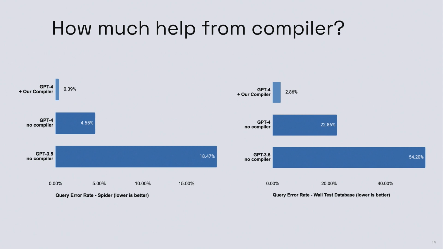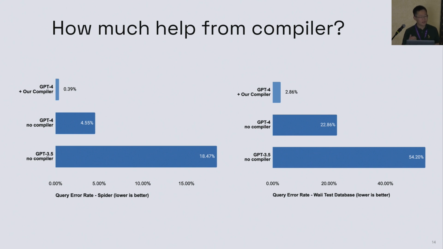So how much help can we get from the compiler? We did some tests. On the left side, it's Spider, which we're using as a simple kind of test. Without any compiler, we got 18.4% compilation errors.